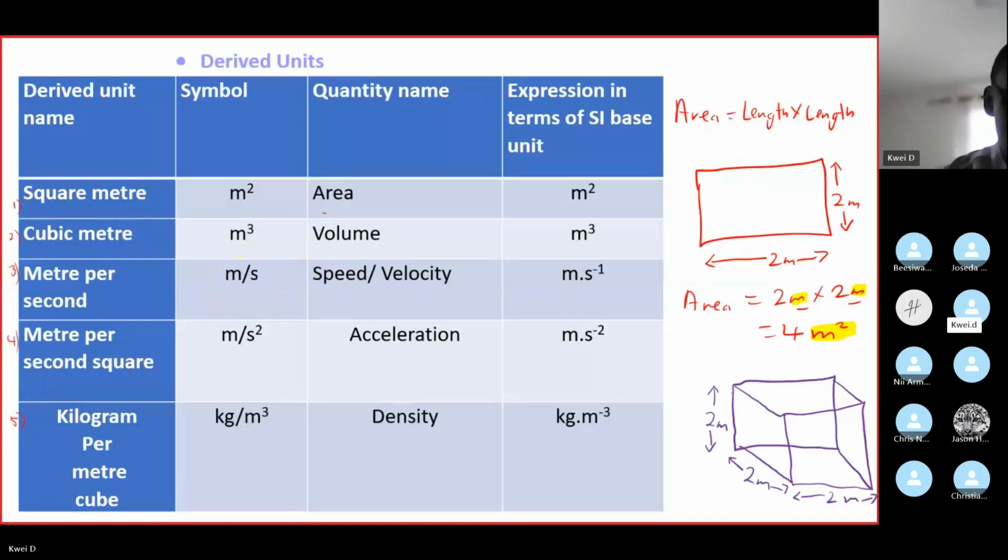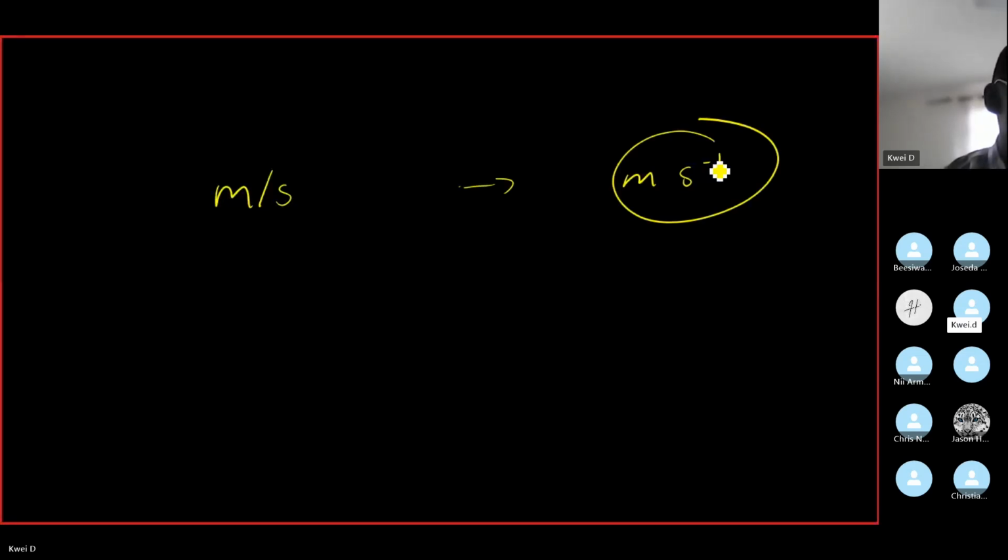Okay, and the meter per second, another way we can write it is this way: meter raised to the power minus 1. Okay, because this is mathematics. Why am I saying that? When you see meter per second, this means division. That's a division sign. So you can write it this way: meter per second.